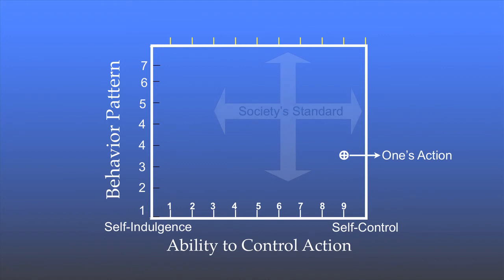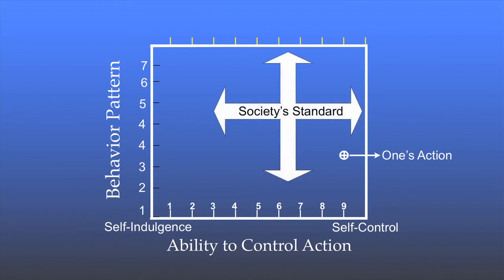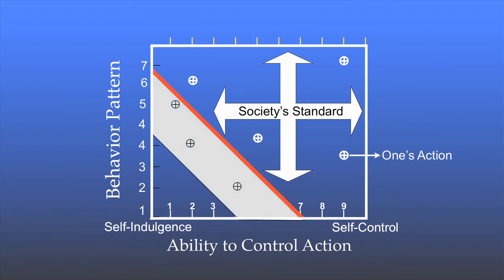Your behavior will be judged by society. Society has drawn a line that says what behavior will be tolerated. You cross the red line and you've broken the law. Society has placed a punishment level on each offense. Some offenses carry a stronger punishment.